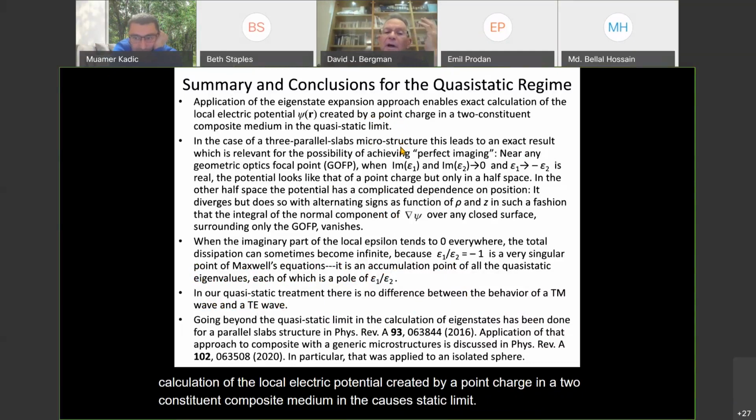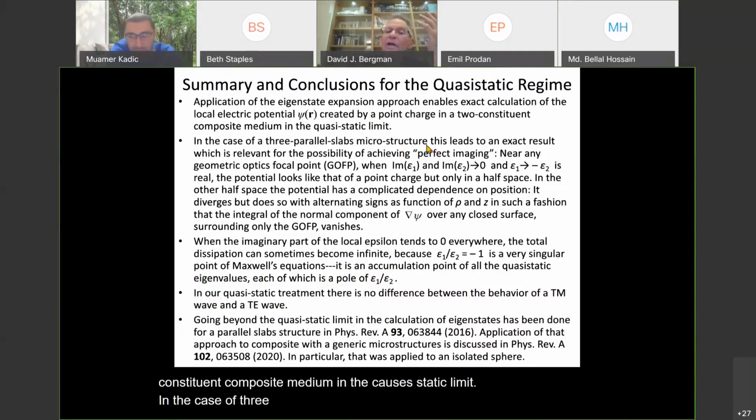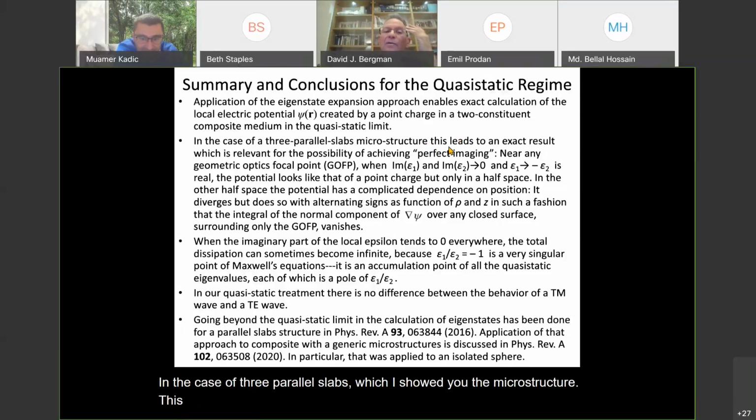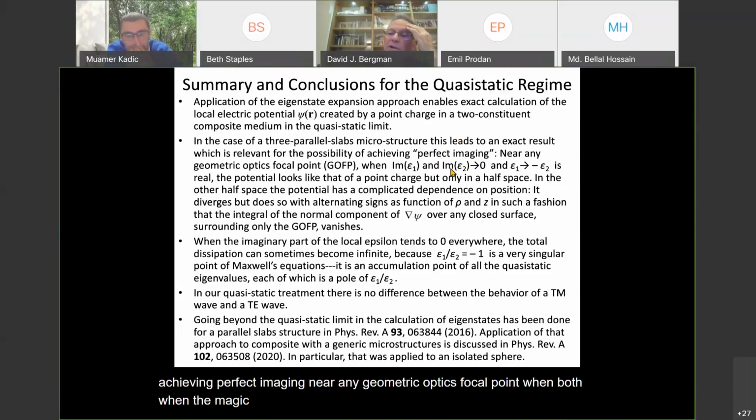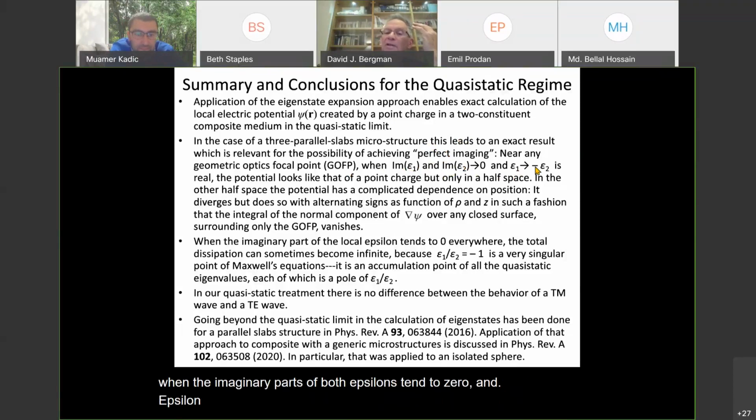In the case of three parallel slabs, which I showed you, the microstructure, this analysis leads to an exact result, which is relevant for the possibility of achieving perfect imaging near any geometric optics focal point, when the imaginary parts of both epsilons tend to 0 and epsilon 1, which is equal to minus epsilon 2, is real.